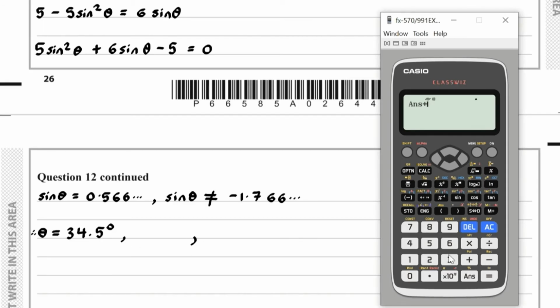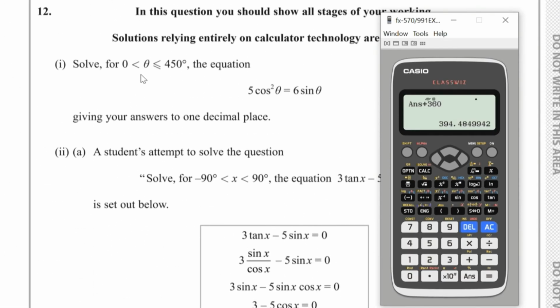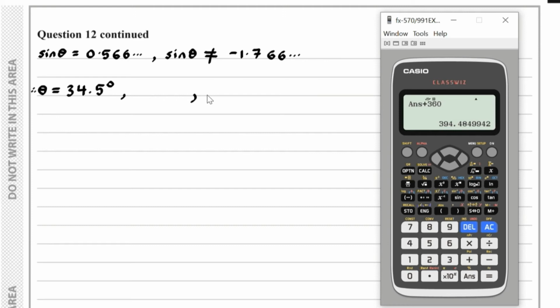We add on 360 because if we remember for our domain, the value of theta is in between 0 and 450. So here we get a value of 394.5 degrees. And if I just take away 360, we can do 180 minus this, which is 145.5 degrees. We have given all our solutions to one decimal place.